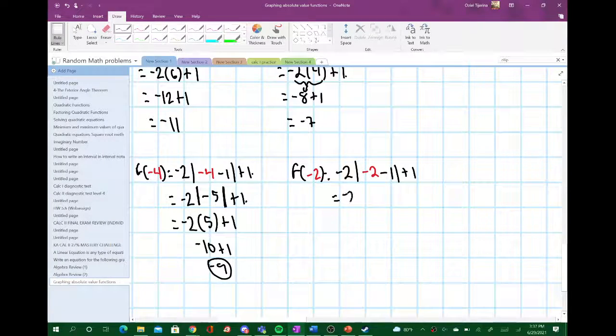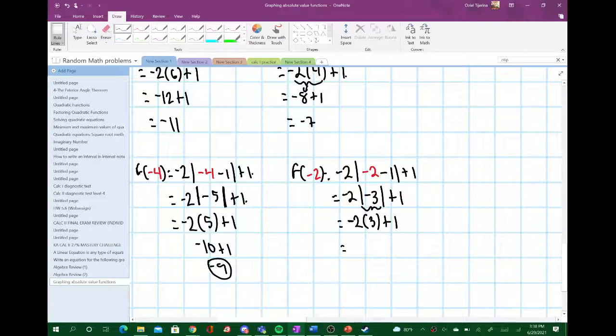So I'm going to say negative 2 times the absolute value of, and then what is negative 2 minus 1? That's negative 3, right? Plus 1. So then we have negative 2, and then what is the absolute value of negative 3? That's just going to be 3. And then plus 1, right?